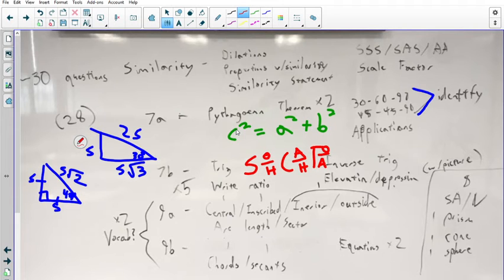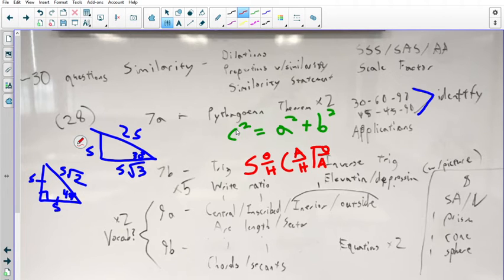Or solve for this angle using inverse sine, inverse cosine, inverse tangent. Because remember, the inverse trig is for solving out the angles, and trig is for solving out the sides.